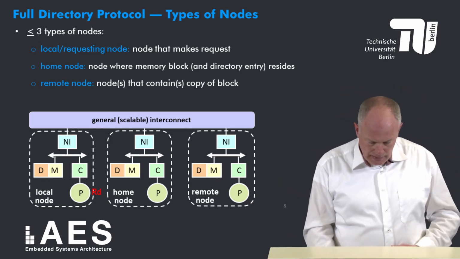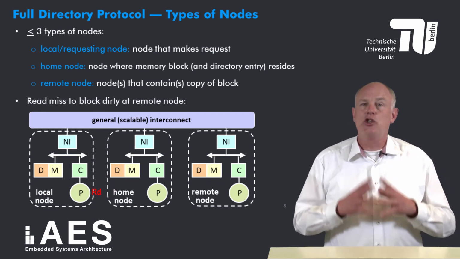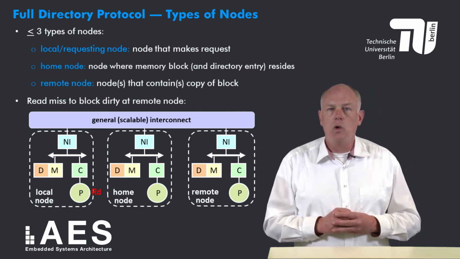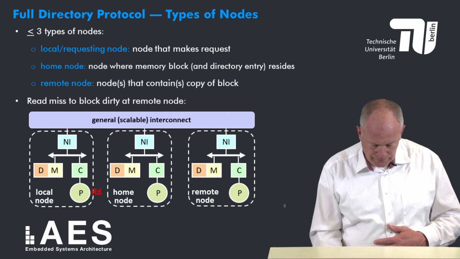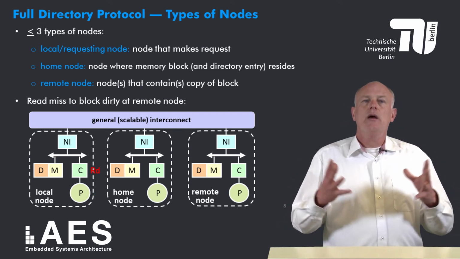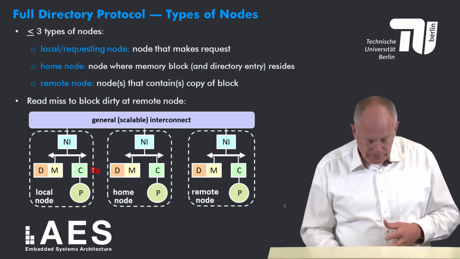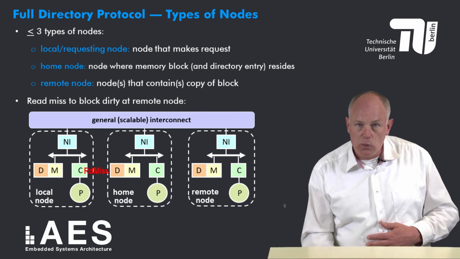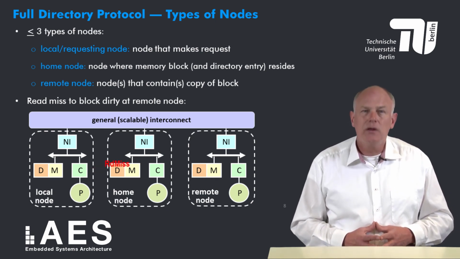As an example, I will consider a read miss to a block that is dirty in a remote node. First, the local processor does a lookup in its private cache. The lookup will result in a miss. That's what we assumed. So a read miss message will be sent to the home node, as I illustrate here.